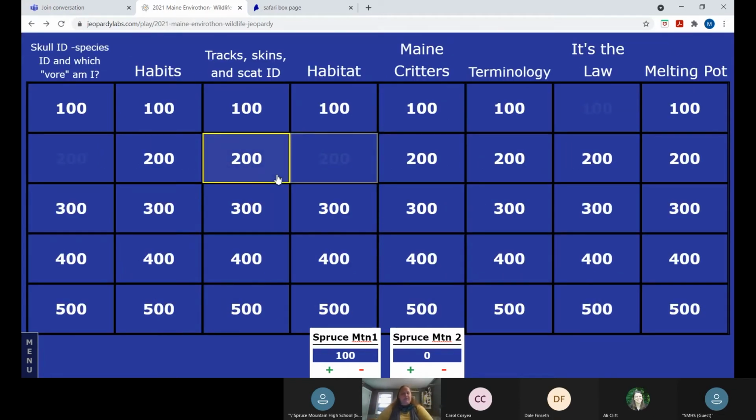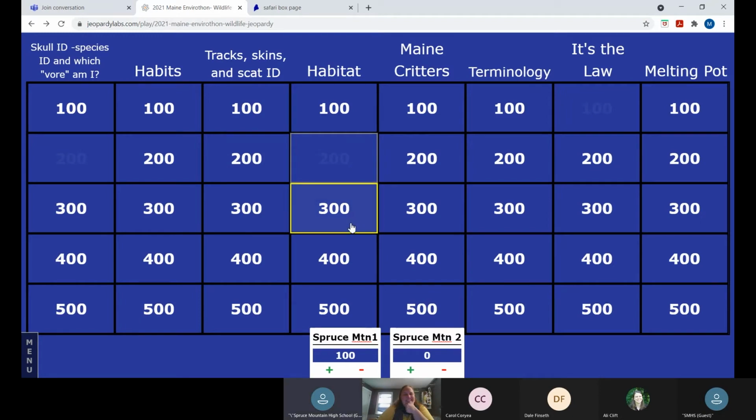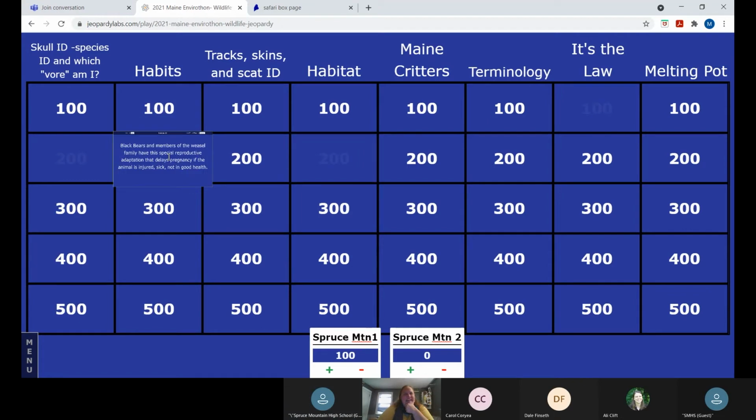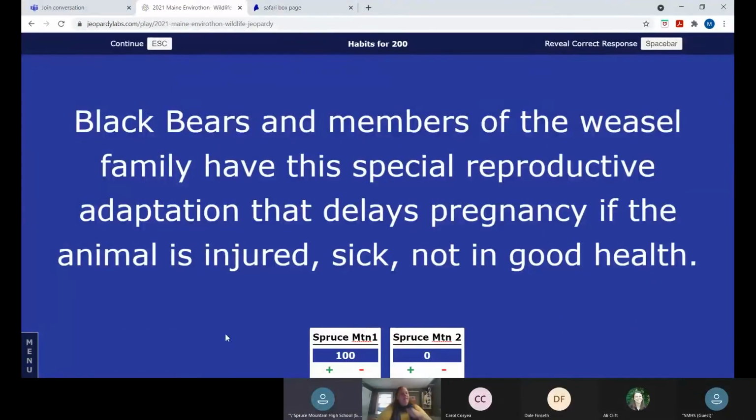All right, Spruce Mountain 2, you have a chance to go ahead. Just pick, Owen. Let's do habitats for 200. Oh, not habits. Sorry, 200. Habits. Okay.